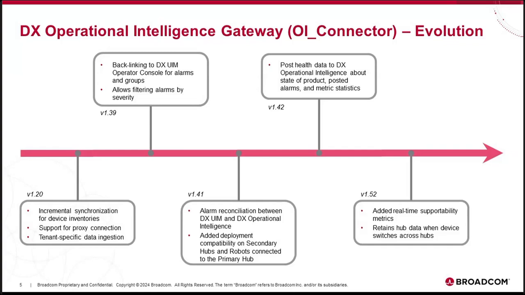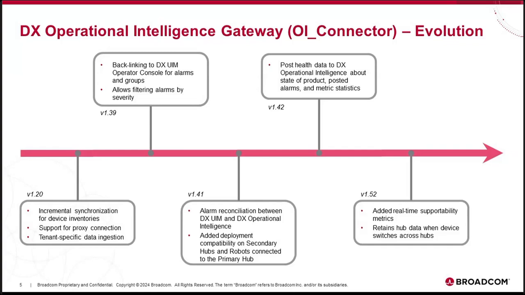We've also, in some previous versions, made enhancements towards auto reconciliation of alarms, just to make sure that whatever data points are being provided in either of the products are consistent and reliable, and give the best user experience in terms of reliability.